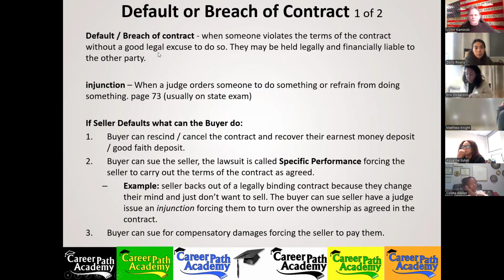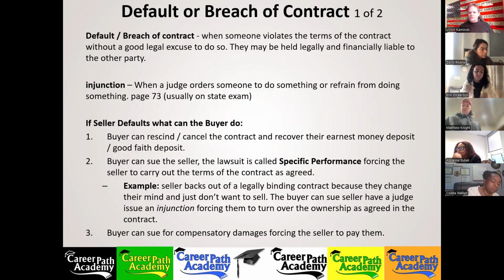So default or breach of contract, once again, is when somebody violates the terms of the contract without having a good legal excuse to do so. They could be held legally and financially liable to the other party, in which case they could try to sue you and force you to carry out the terms of the contract and get a judge to issue an injunction. What is an injunction?